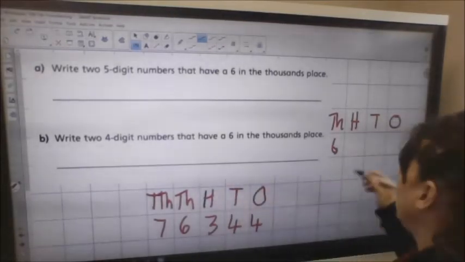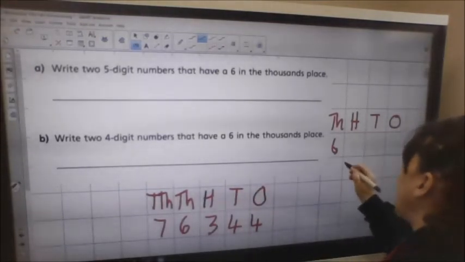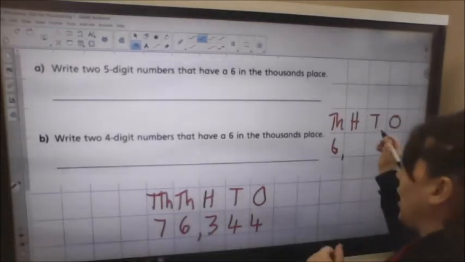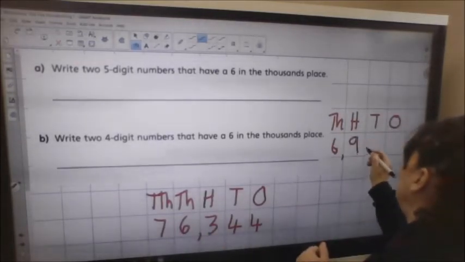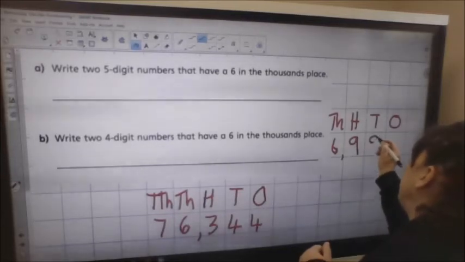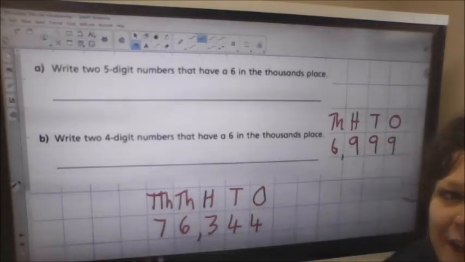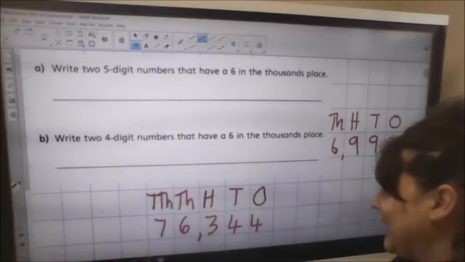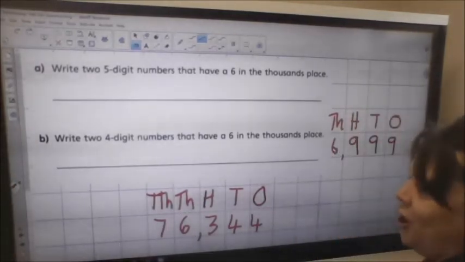So 6,000, I'll put a comma there actually, 6,000, let's have 900, and 99. 6,999.